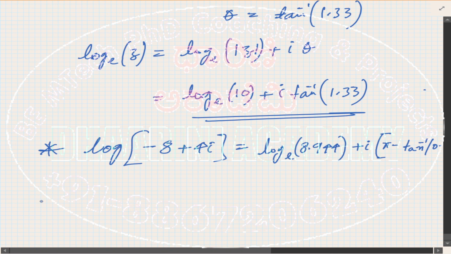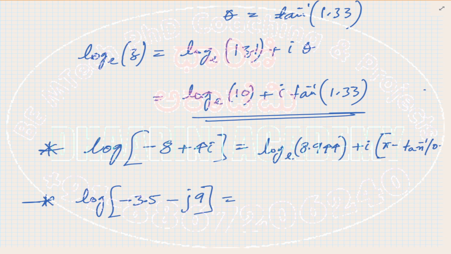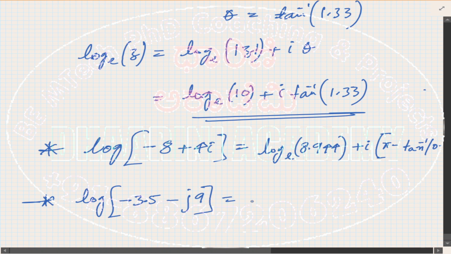Okay, next one. Log of minus 3.5 minus j9. The magnitude is 9.656.